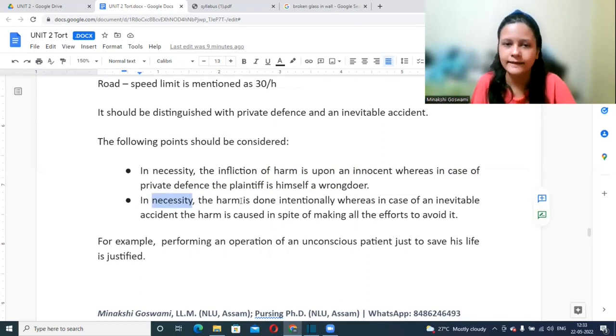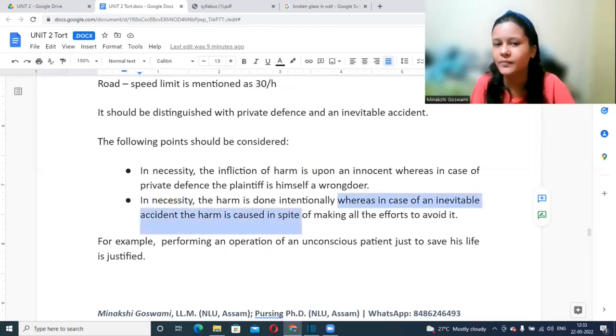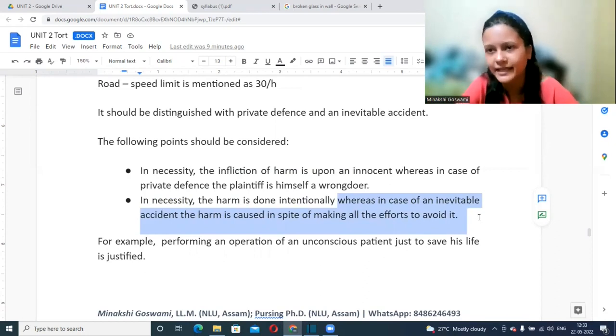In necessity, the harm is done intentionally. I know that it's risky to break traffic rules. Still, I'm doing it because I don't have any other option. Whereas in case of inevitable accident, the harm is caused in spite of taking all the precautions and making all the efforts. Like in factories following all the guidelines and rules prescribed by law, still some inevitable accident might take place.